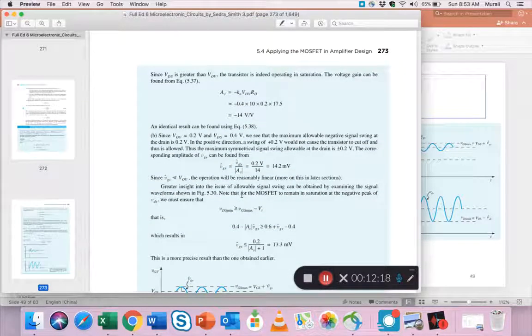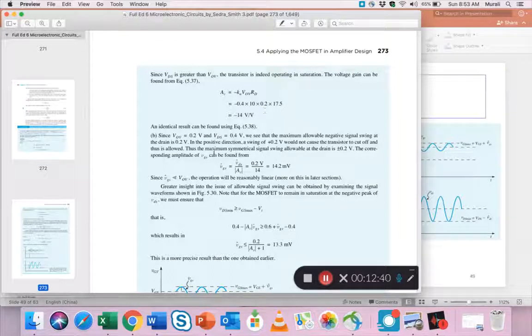So you don't have to worry about the upper side. Generally in these problems you don't have to worry about the upper swing on the output. It's only the lower that causes problems, because of the way the curve is. So anyway, on the lower side we are allowed minus 0.2, and on the upper side plus 0.2.